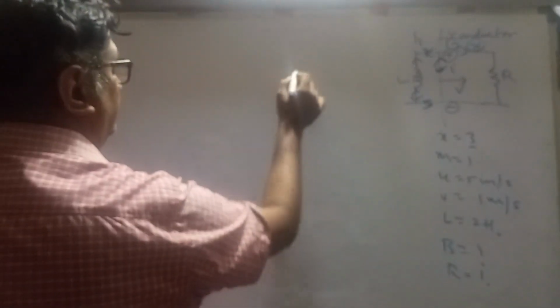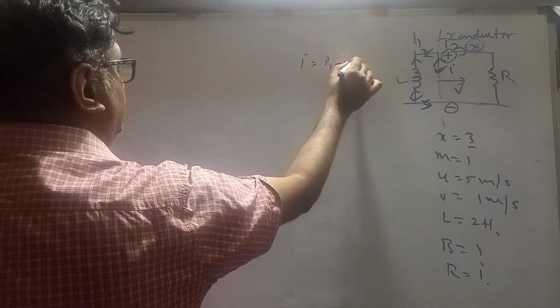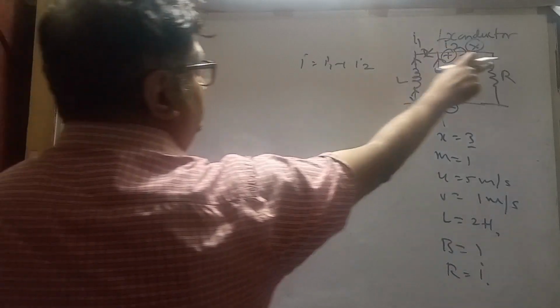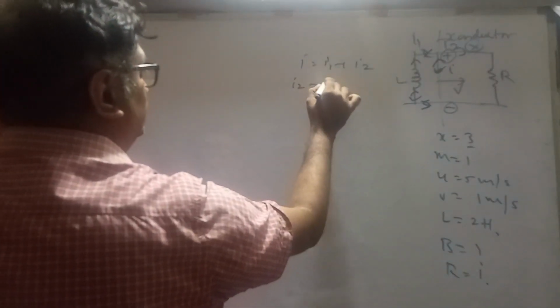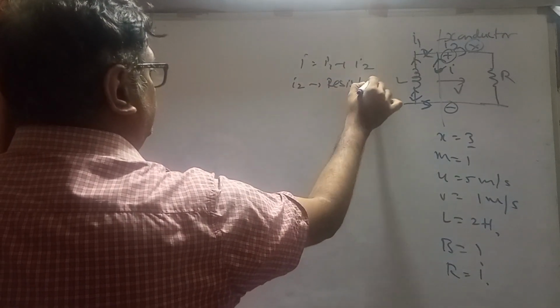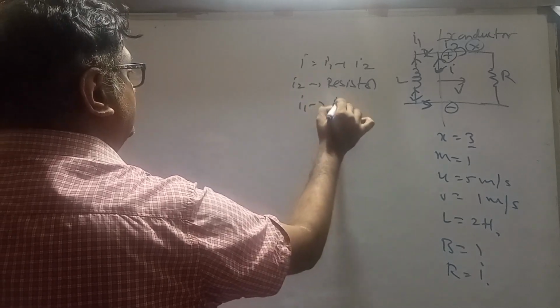Now here I can write I is equal to I1 plus I2. I2 is going into the resistor and I1 is going into the inductor.